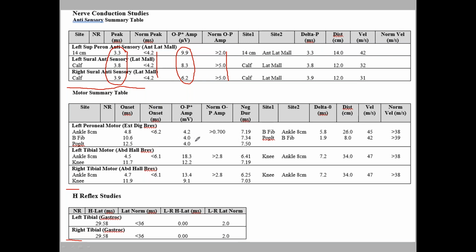Brian, what about the motor nerve conduction table? Would you summarize it for me? Yeah, bilateral tibial motor and left peroneal motor nerves exhibited normal latencies, amplitudes, and nerve conduction velocities.